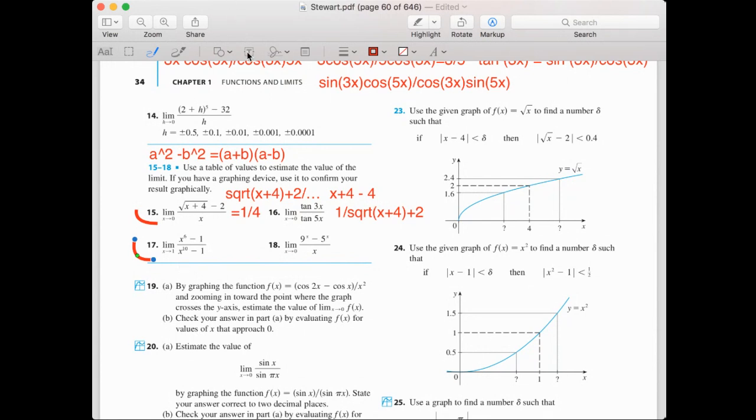So we factor out the top to be x minus 1 times x raised to 5 plus x raised to 4 plus x raised to 3 plus x raised to 2 plus x plus 1.